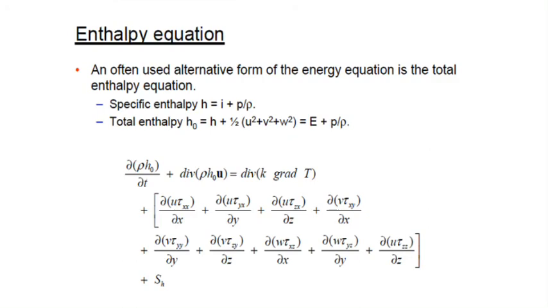You get dou of rho h naught by dou t plus div of rho h naught u, which is equal to divergence k gradient T, plus the expressions for the three directions, tau xx, yy, zz terms, plus SH, the enthalpy source. This is the total energy equation in three dimensions. Thank you.